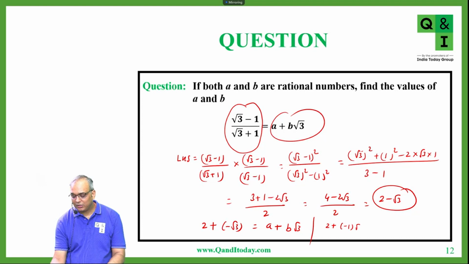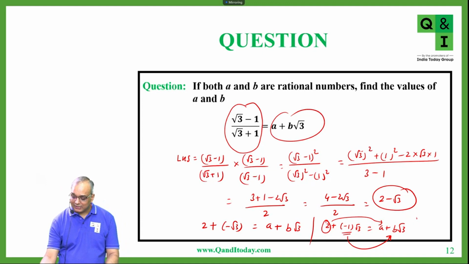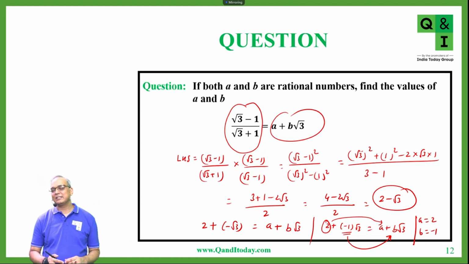If you compare the coefficients, the constant term 2 will be equal to A and this negative 1 will be equal to B. So the value of A here is 2 and the value of B here is minus 1, if you compare both LHS and RHS and the coefficients together.